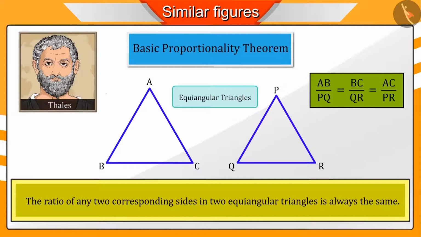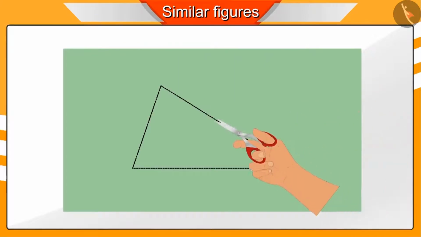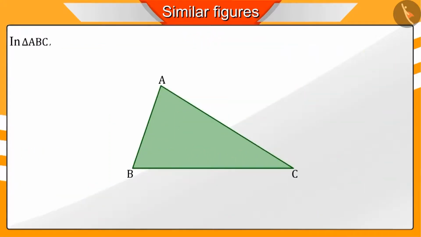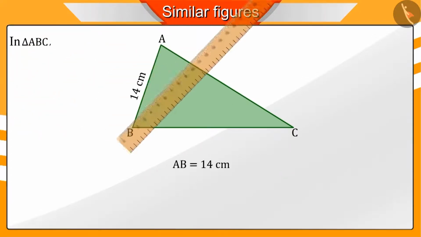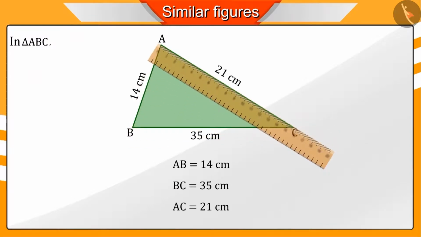Now let's understand the basic proportionality theorem with an activity. Let's take a triangle-shaped piece of paper. Let's call it ABC. When we measure the sides of this triangle, we find that AB is equal to 14 centimeters, BC is equal to 35 centimeters, and AC is equal to 21 centimeters.